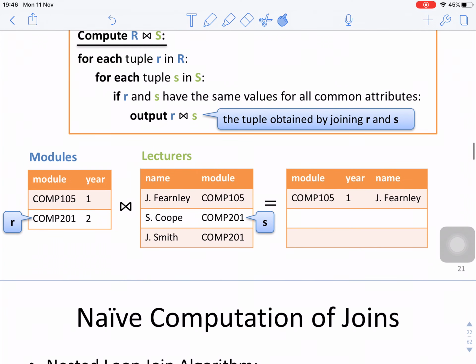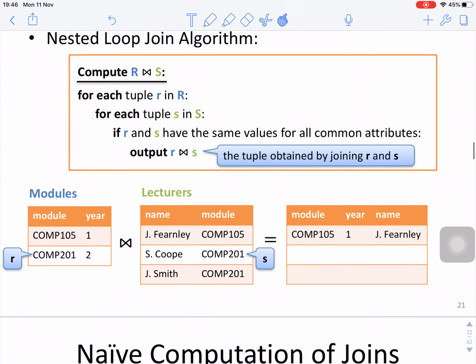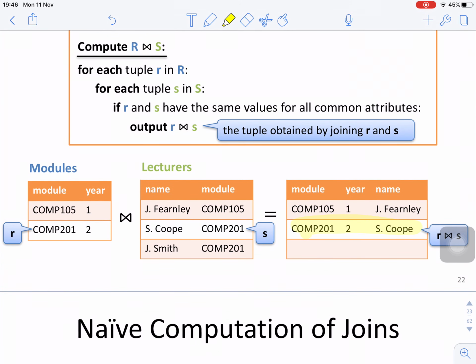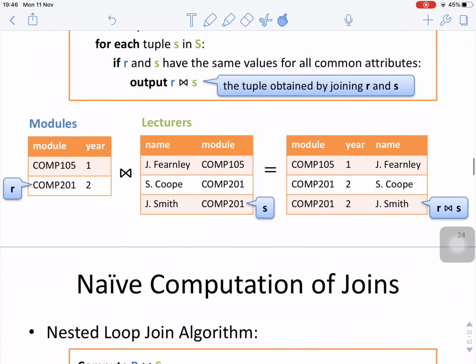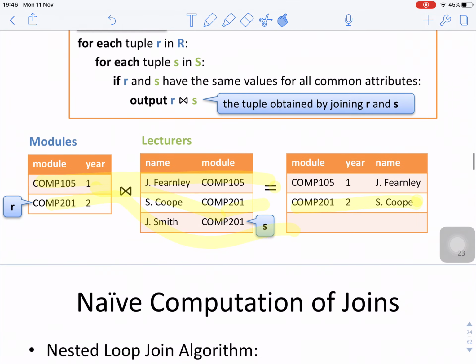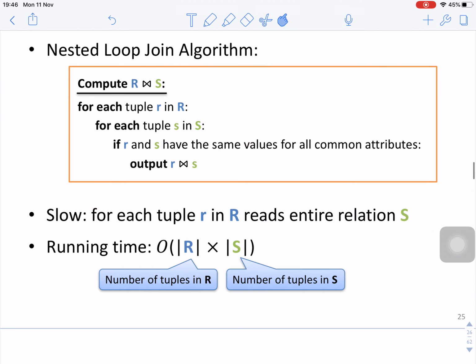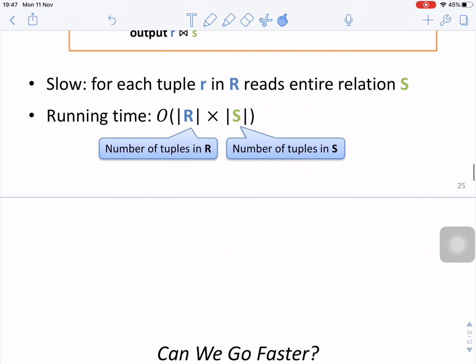In this case they are matching and we output them. However, if they are not matching, we do not output them. The runtime is R times S, the number of tuples in R times the number of tuples in S.